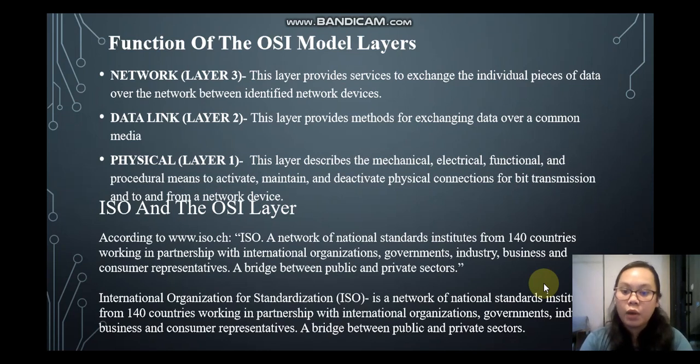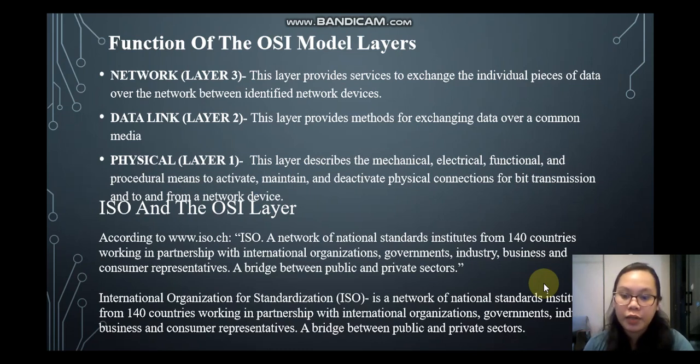ISO and the OSI layer. According to ISO, a network of national standards institutes from 140 countries working in partnership with international organizations, governments, industry, business, and consumer representatives, a bridge between public and private sector.